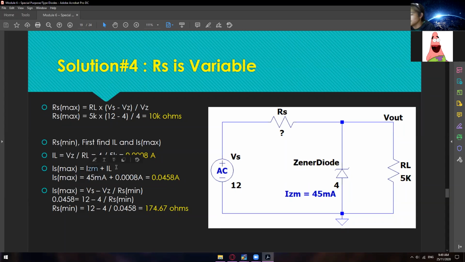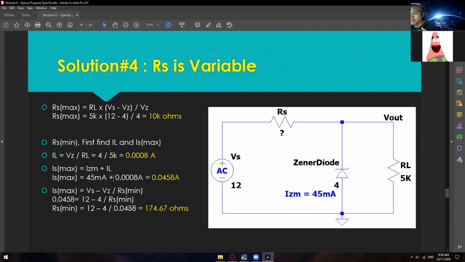IZM is already given in the circuit, which is 45 milliamps, and IL is already solved, which is 0.0008. So 45 milliamps plus 0.0008 is equal to 0.0458 amps, or 45.8 milliamps.